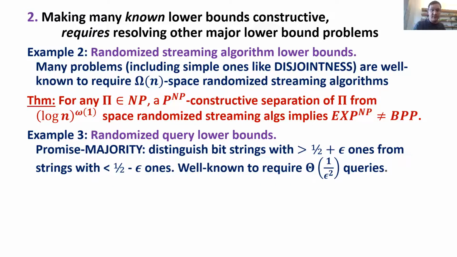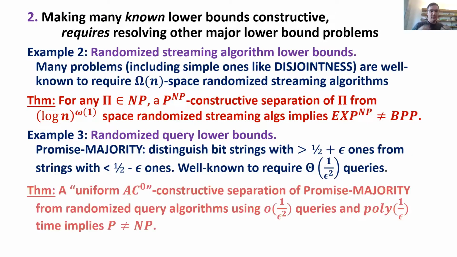It's in uniform AC0. What we show is that if there were a uniform AC0 constructive separation of this coin problem from randomized query algorithms that use too few queries, in poly 1 over epsilon time, if you could get a constructive separation for this query lower bound, you would in fact prove P different from NP.